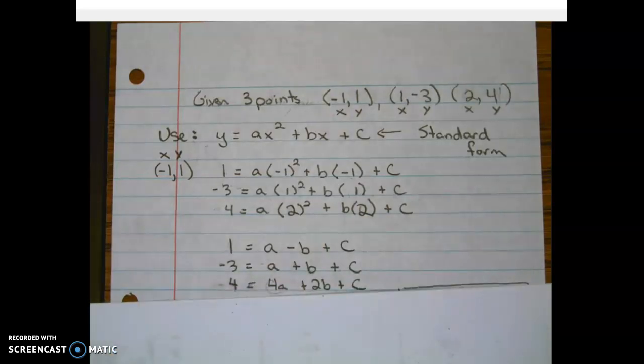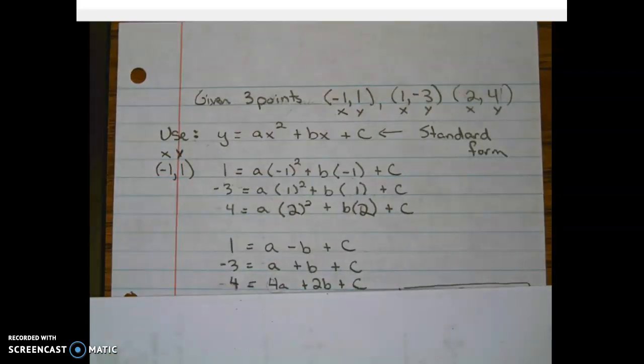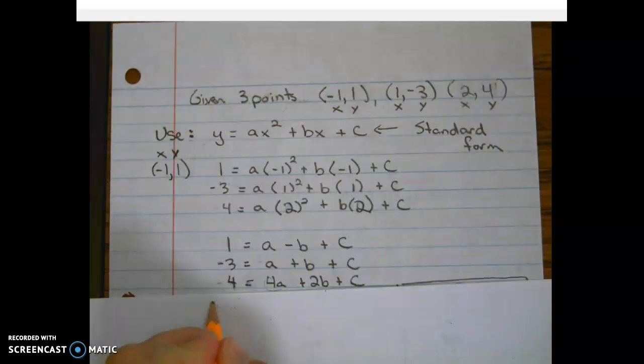Okay, now, how do we solve this? Drum roll, please. Ready for it? Anybody can say it before I write it? I know you guys are on the edge of your seats right now. Do you know?